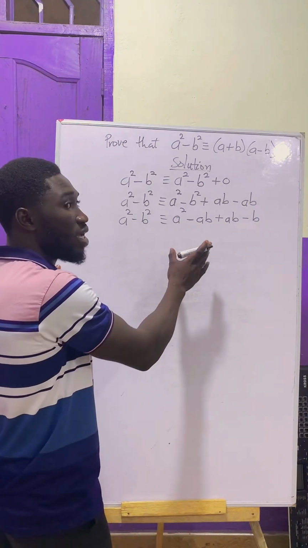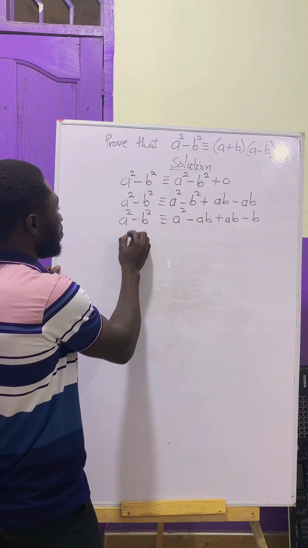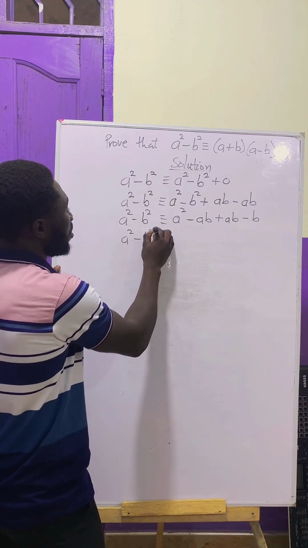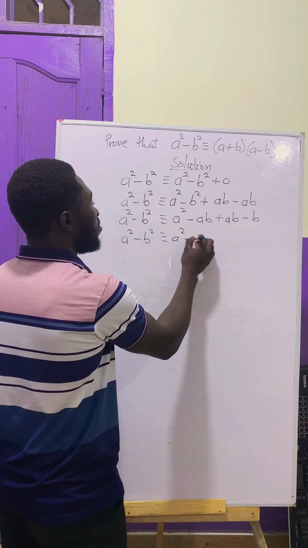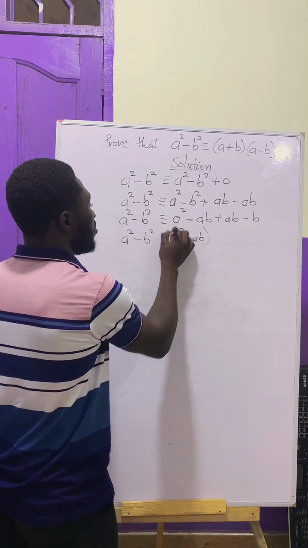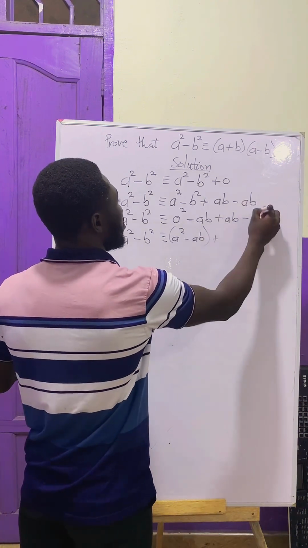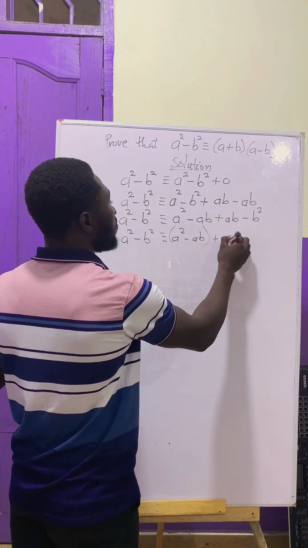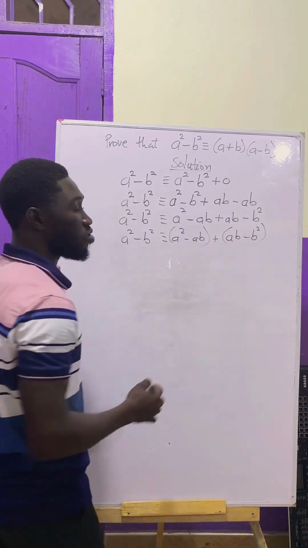Now we are going to apply our knowledge of factorization. So we have a squared minus b squared, which is identical to a squared minus ab, and we are taking this term plus this, b squared. So we have ab minus b squared. This is also like this.